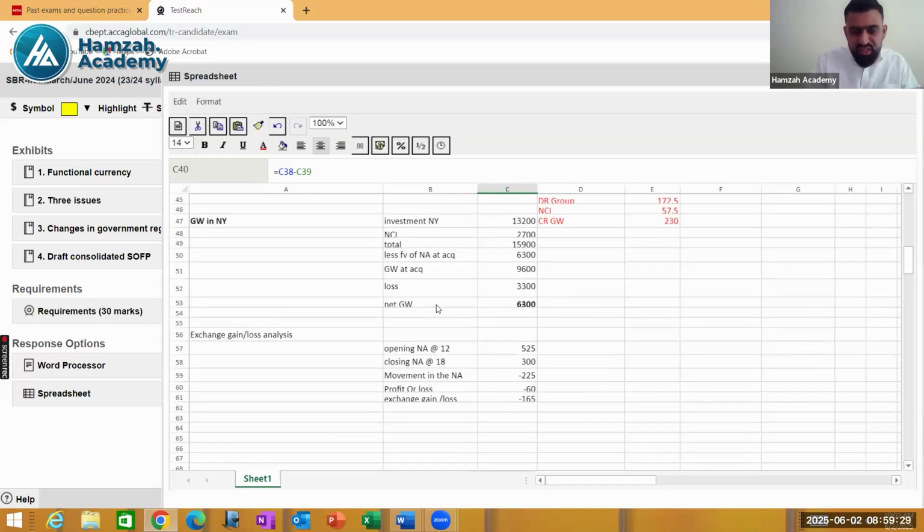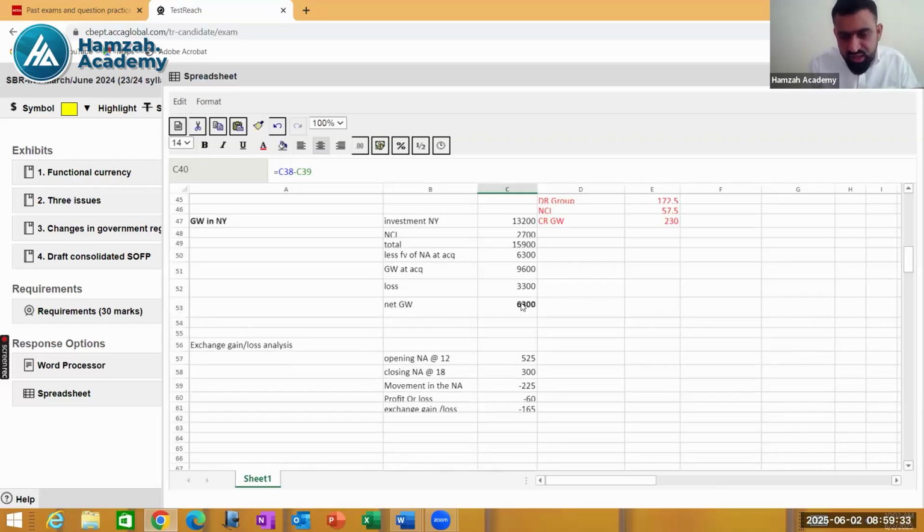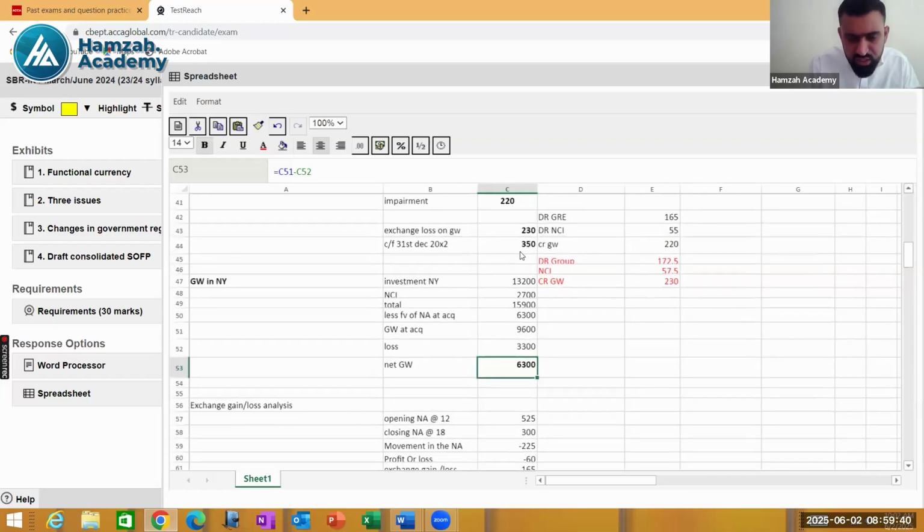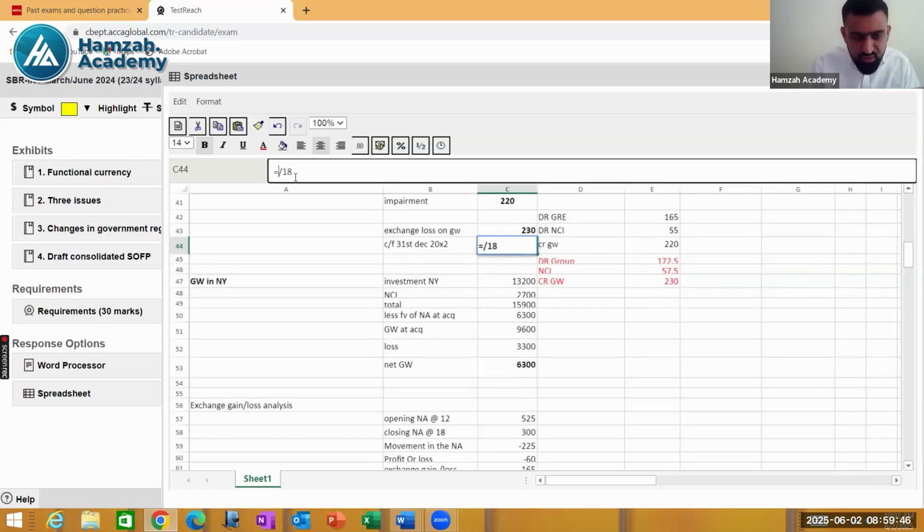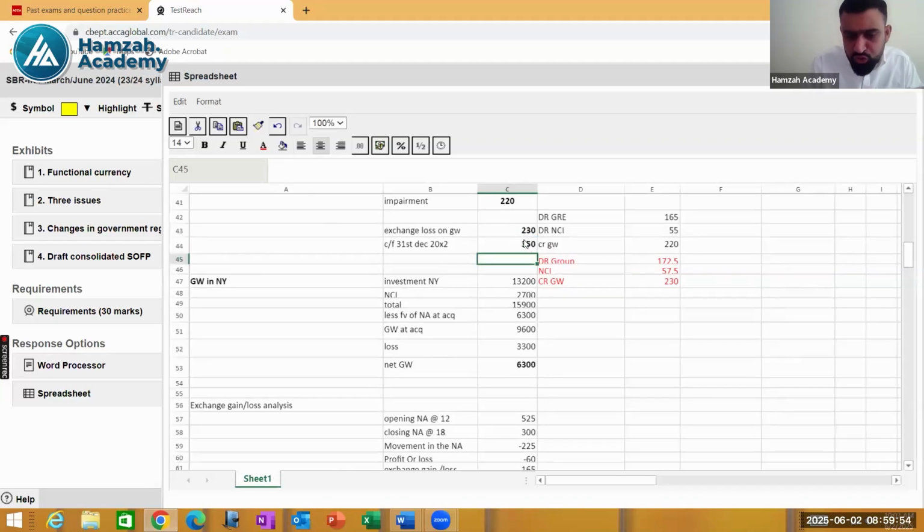So after considering that impairment, your closing goodwill in NY should be 6.3 million. Now this 6.3 million should be translated using the closing exchange rate, which is 18 NY equal to $1. So the closing goodwill should be 350 million US dollar.